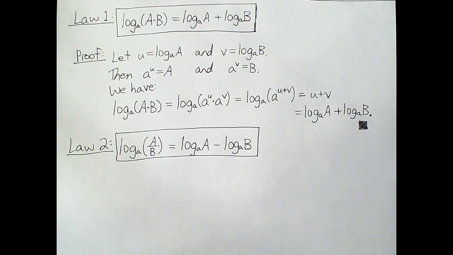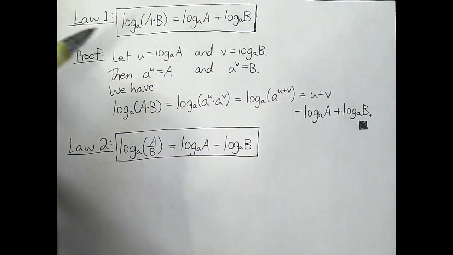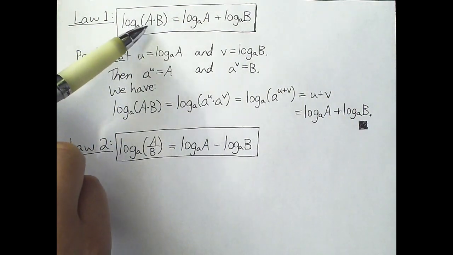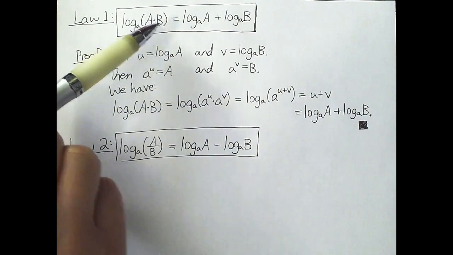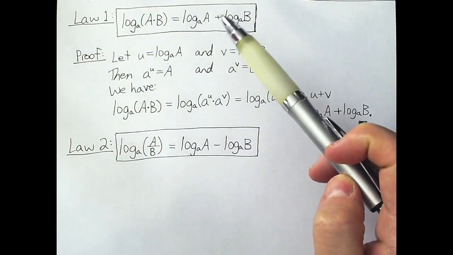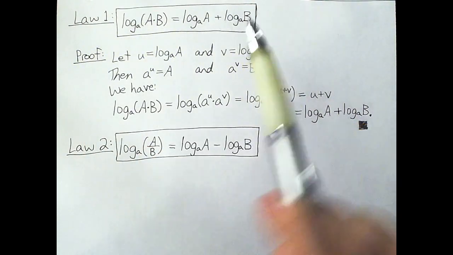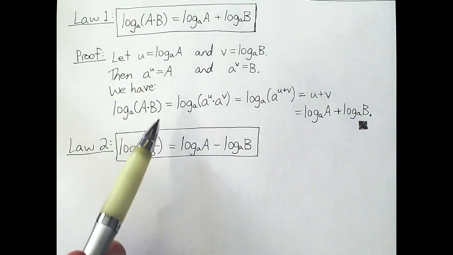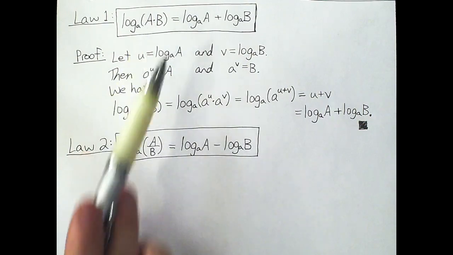I want to say that in a weird way, I think that this does seem reasonable, and I'll tell you why. We already established that law 1 is true. Law 1 had a product on the left-hand side, and we wound up splitting up the logarithm with a plus sign in between. Now I'm looking at the way law 2 is stated. Instead of a product, it has a quotient, so instead of multiplying, it's dividing.